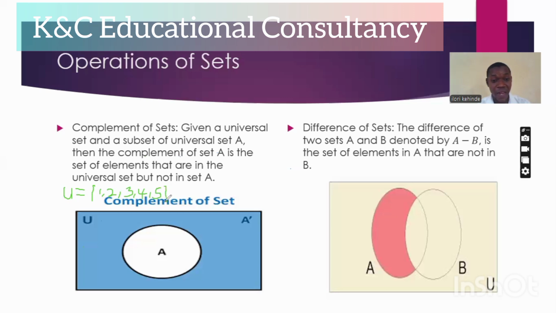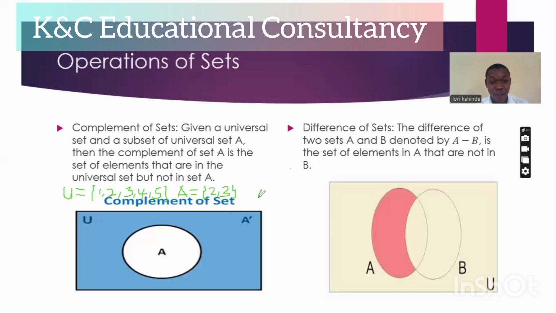So if you are given a set A, I'm giving set A to be 2, 3. So this is set A now. In this set A, what can you say? If I want to find this A complement, I'll just remove the elements of A, that is 2, 3, from this given set.